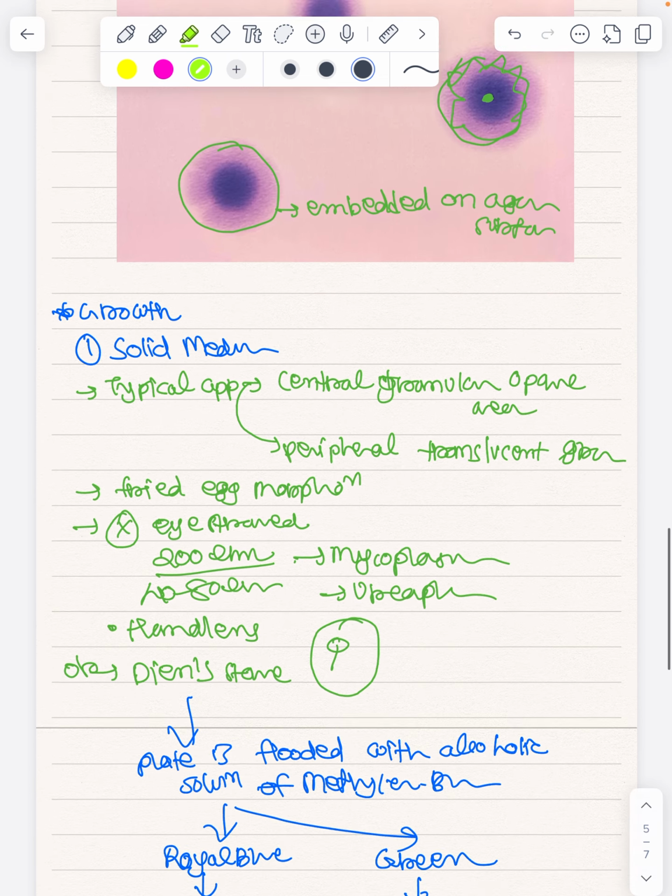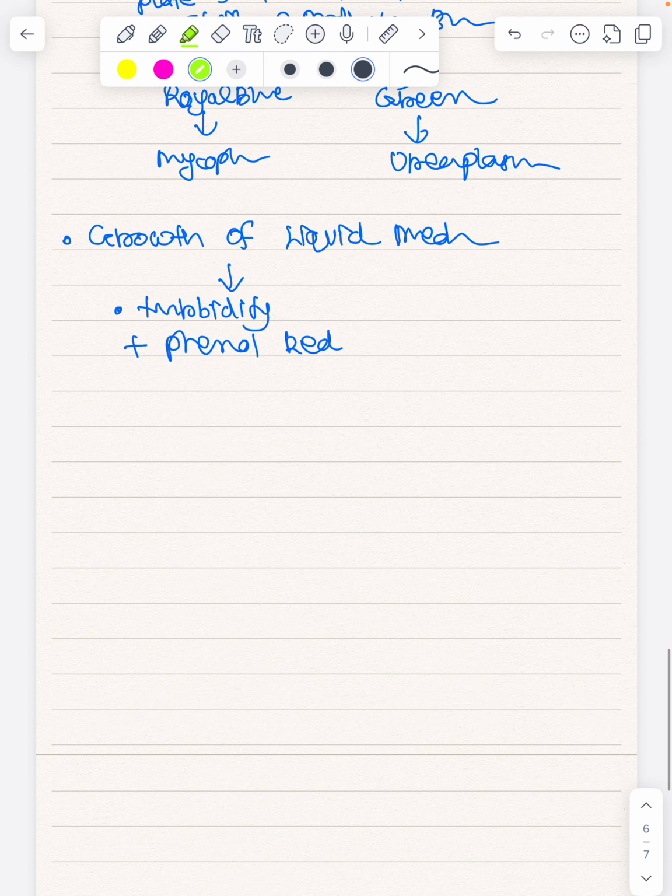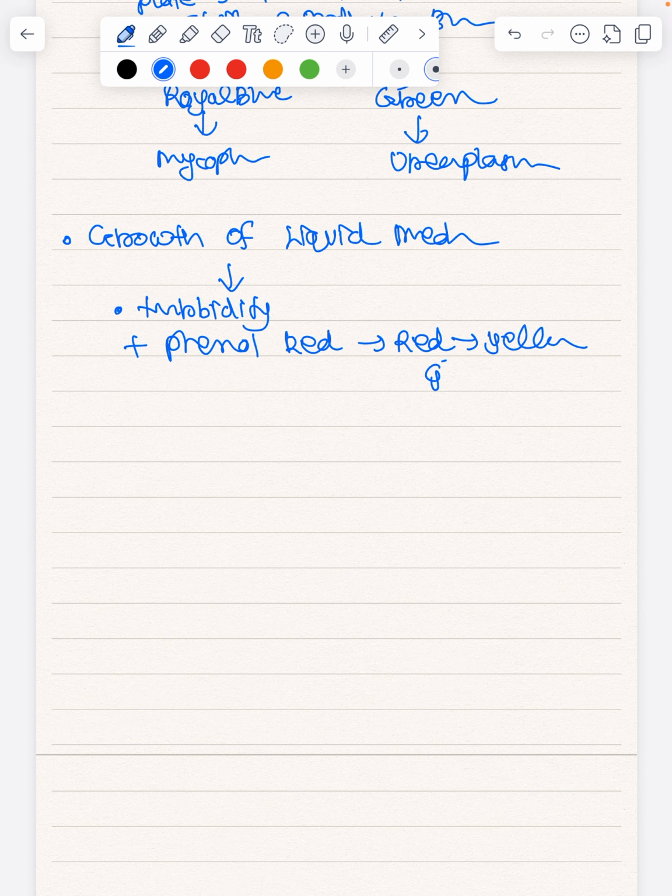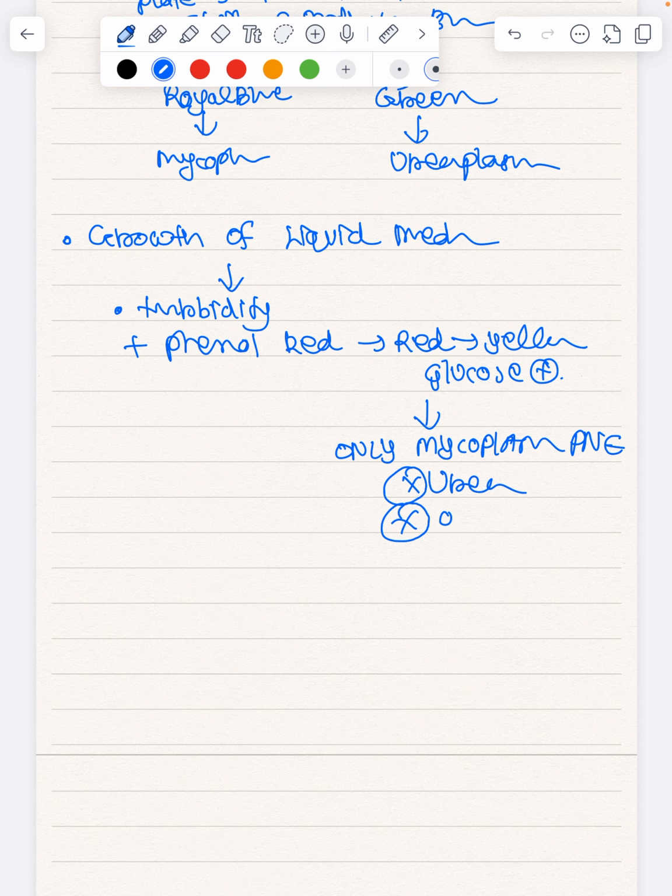Because of the phenol red indicator, the color will change from red to yellow because of glucose fermentation. This happens only with Mycoplasma pneumoniae, not with Ureaplasma, not with the other Mycoplasma species.